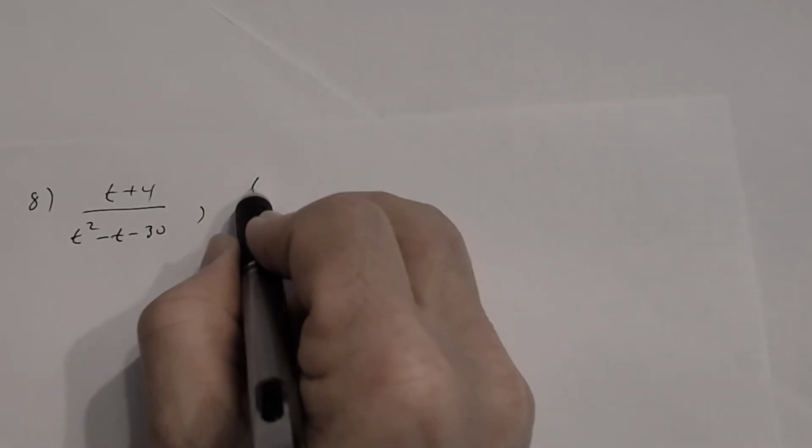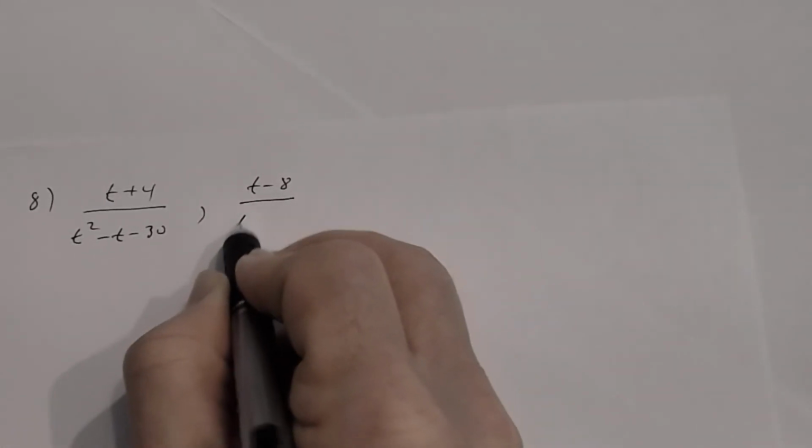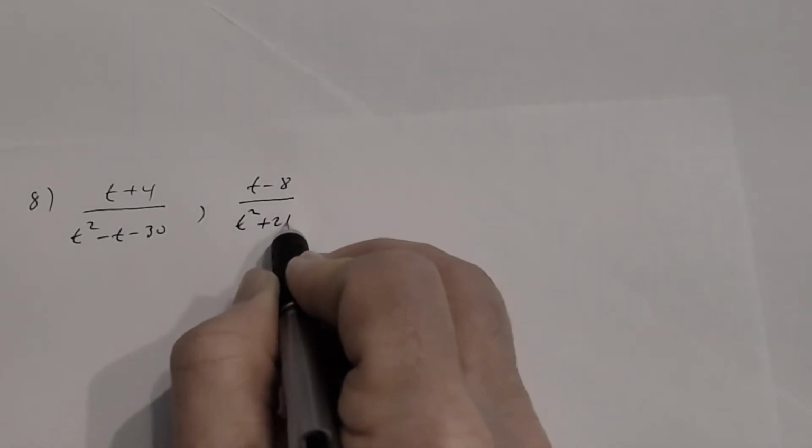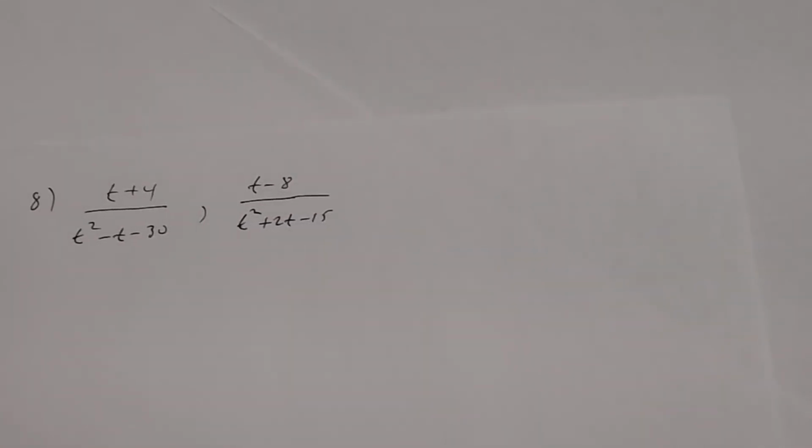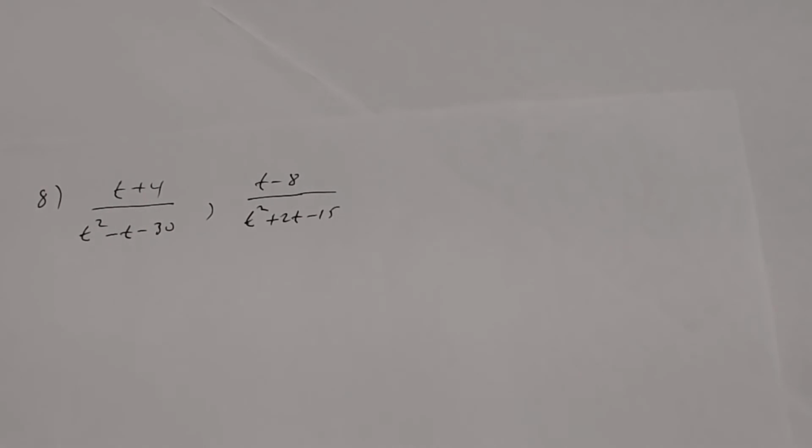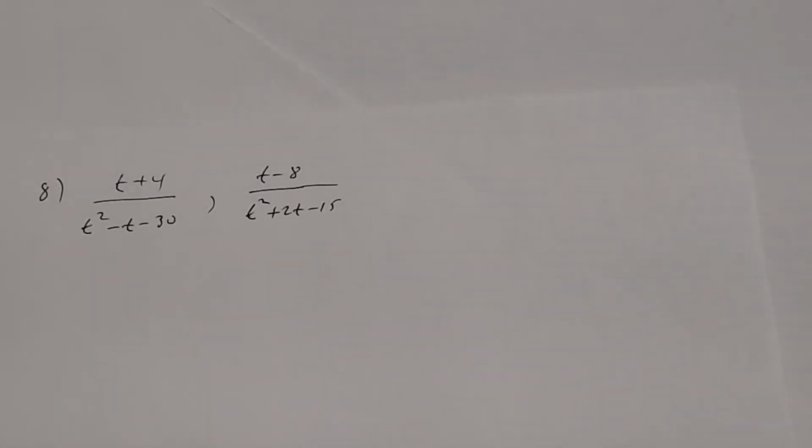So there's your first one. Your second rational expression is t minus 8 divided by t squared plus 2t minus 15. All right, so it's very similar to what we just did. We've got to factor the denominators. You're going to see that in the next lesson as well.